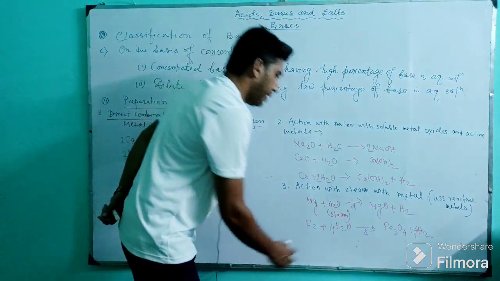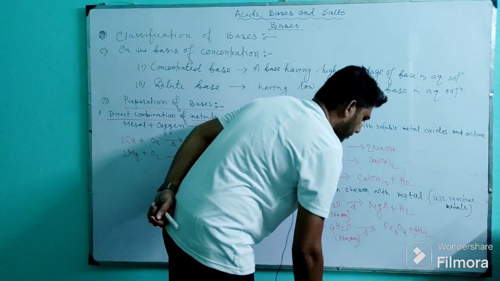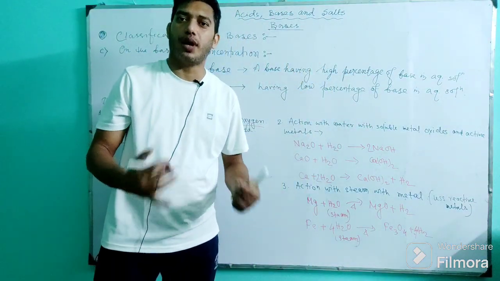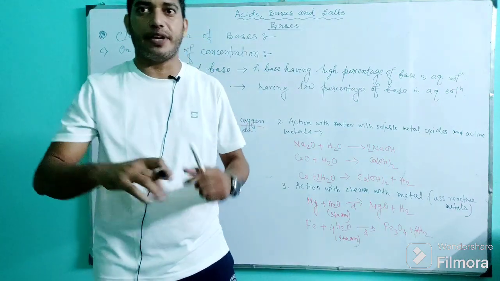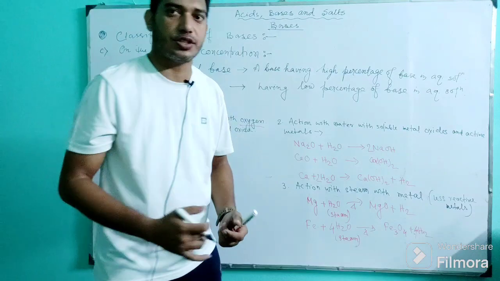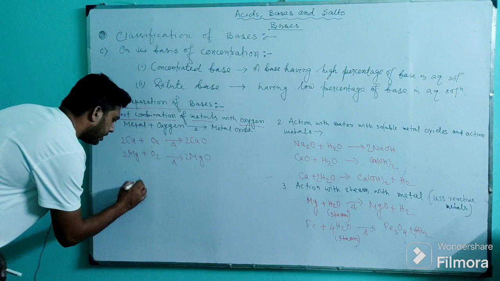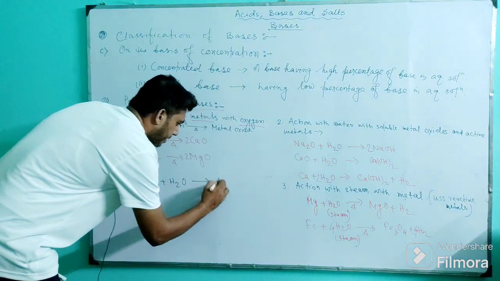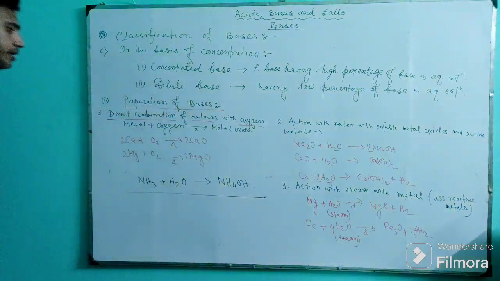So here it is steam: iron reacts with steam and forms the oxide. When ammonia and water mix with each other, ammonia dissolves in water very quickly and forms ammonium hydroxide. So these are the categories of producing bases.